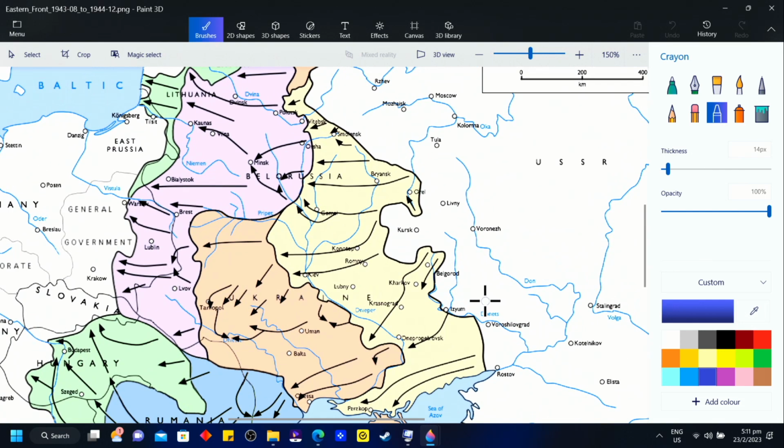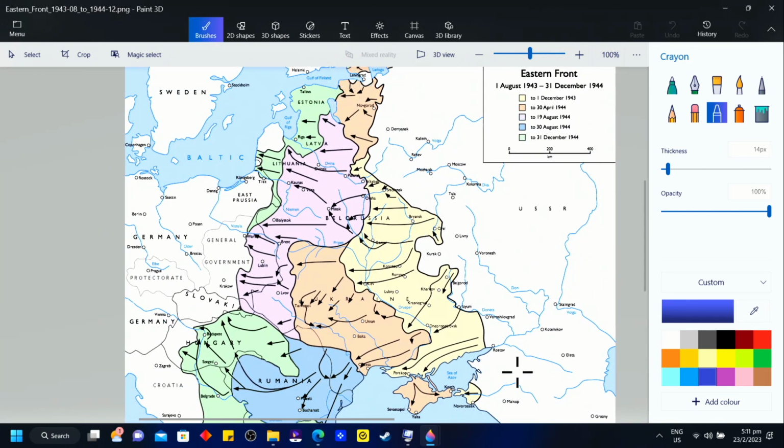So 11 of the 12 Soviet fronts were active and were planning multiple summer offensives.